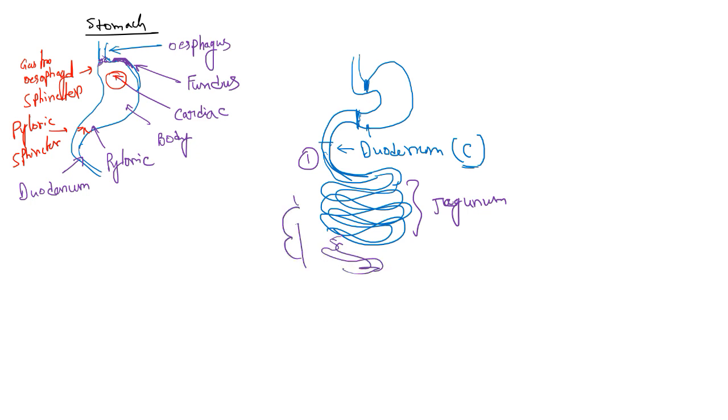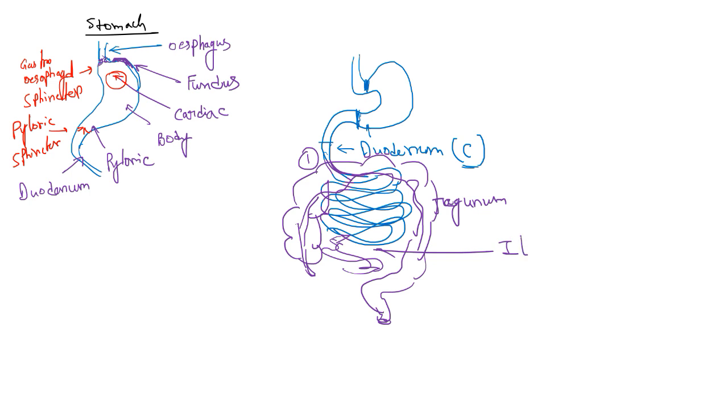If I draw the large intestine like this, it looks something like this. So the part of the small intestine that connects to the large intestine is the ileum. Okay. So start with the duodenum, then the jejunum, then the ileum. Three different sections of the small intestine.